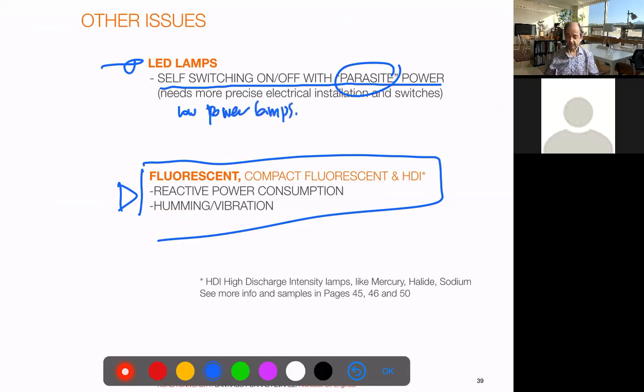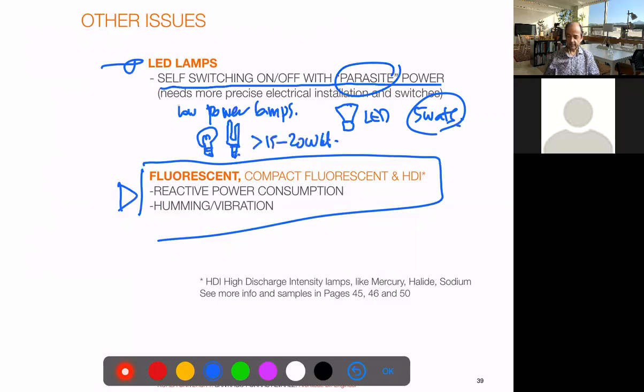We may have one simple LED light working at as little as 5 watts, while a light bulb or a compact fluorescent light will need at least 15 to 20 watts. What happens with this difference?